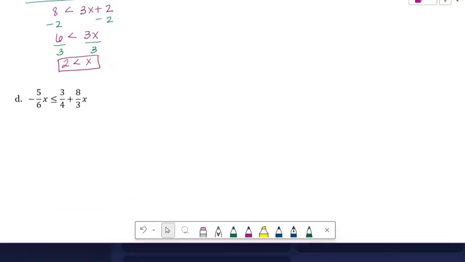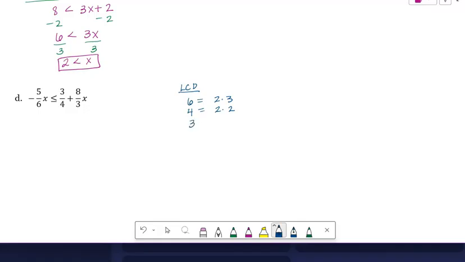I want to use that same idea of clearing denominators in this inequality. So I need to first figure out what the least common denominator is. So let's see. I have 6, which is 2 times 3. I have 4, which is 2 times 2. And then I have 3, which is just 3.